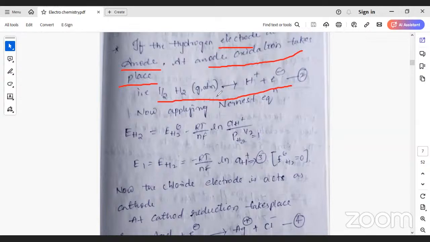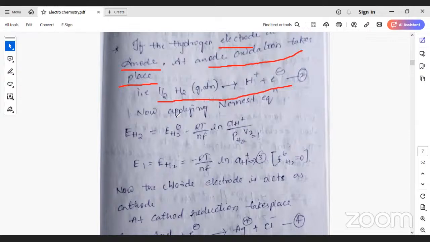Now applying the Nernst equation to this equation. This is the main task to get the solution of chemical cells without transference, right? Any reaction will be there, as we discussed previously, A plus B gives rise to C plus D. We get the Nernst equation: E cell is equal to E naught cell minus RT by NF ln activity of products by activity of reactants.